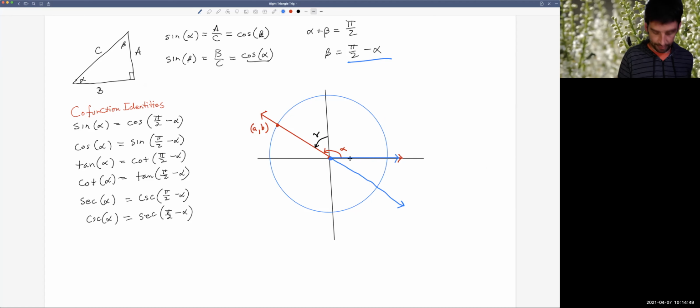Let's make that one straight. This little piece here that I was calling gamma over here is what we end up with when we get pi over 2 minus alpha. In this case, it's going in a negative direction.